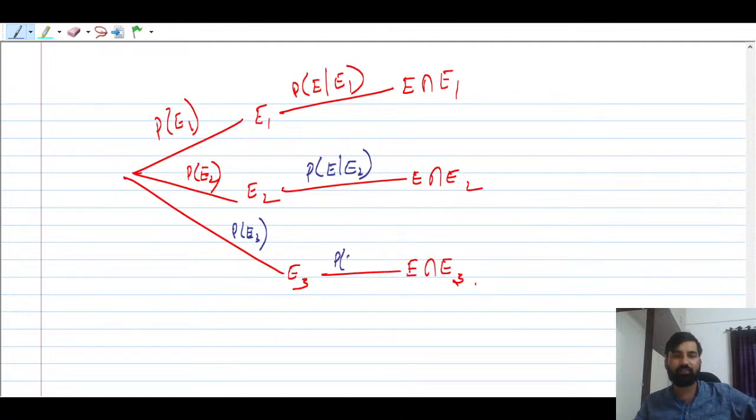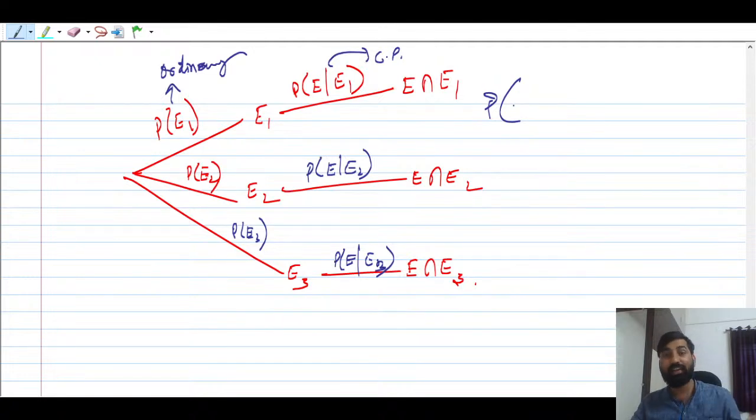This is the probability of E given E3, which is called conditional probability, CP. This is called ordinary, simple probability. Now, if you want to find the probability that E1 was selected, that is, E1 happened and you got E.